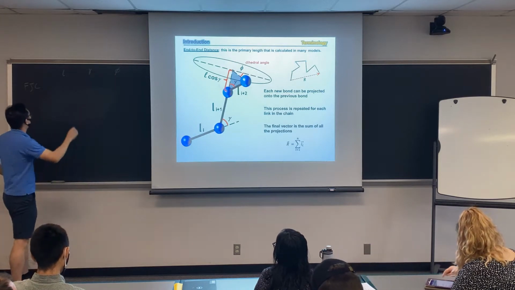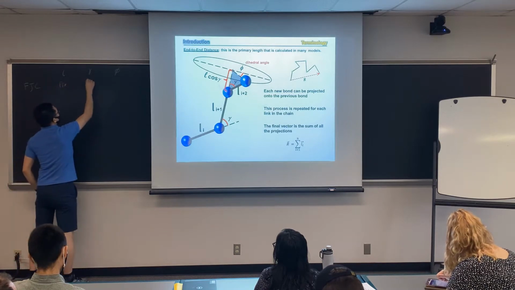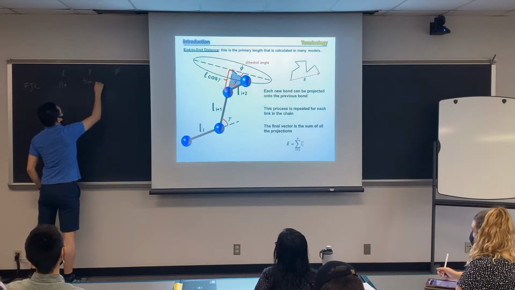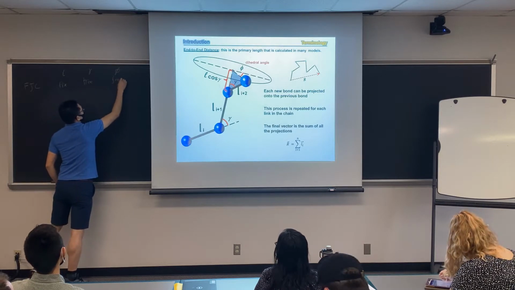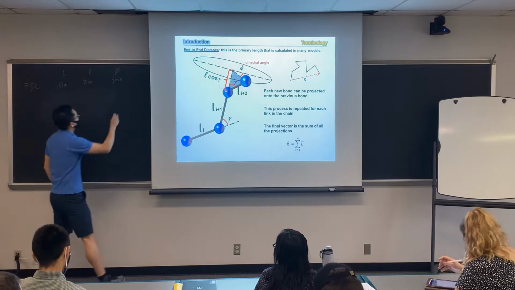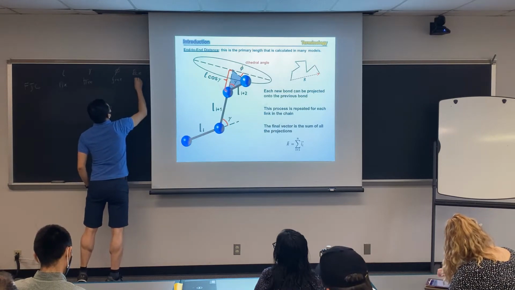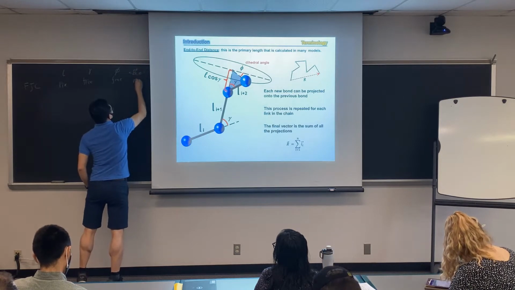In the first model, L is fixed, but this angle is free, and this angle is free. So we don't have any restriction, right? And we know the end-to-end distance RE squared will be equal to N L squared.